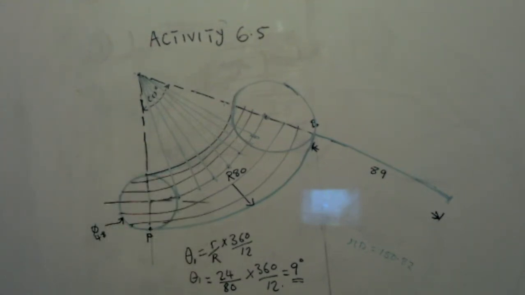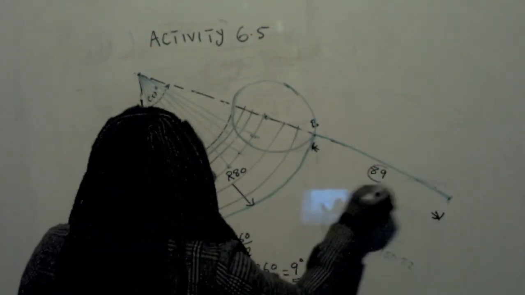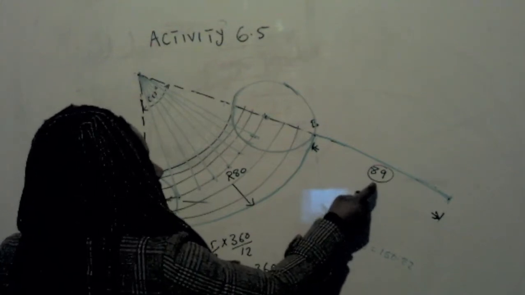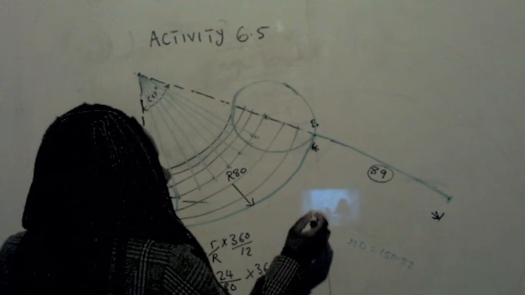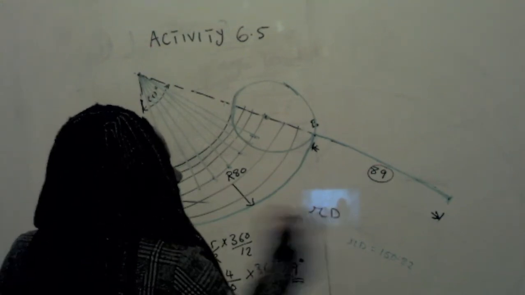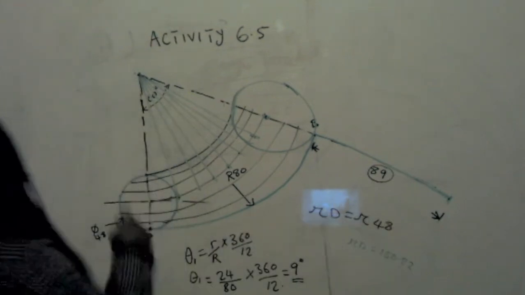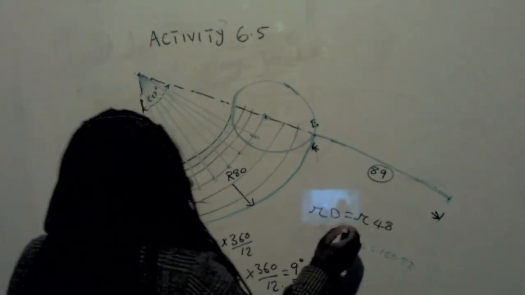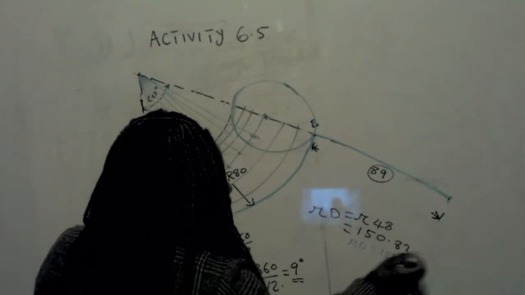And where it changes to a cycloid, you are supposed to know the distance from here to here. They have given us 80. It's not to divide 80 into 12. You have to work with pi times diameter, which is pi times 48. The rolling ball is 48. The answer is 150.82.